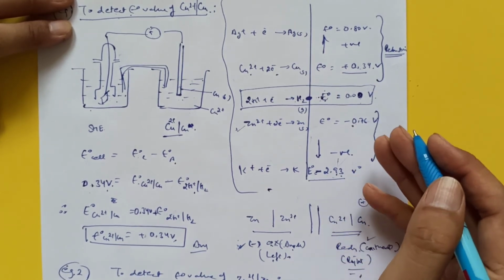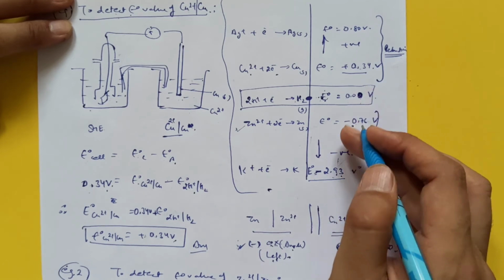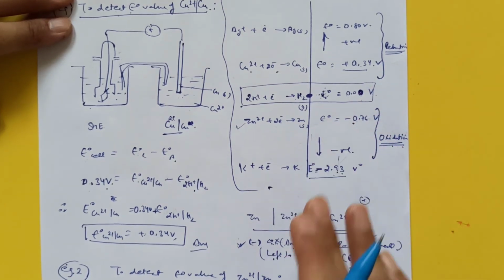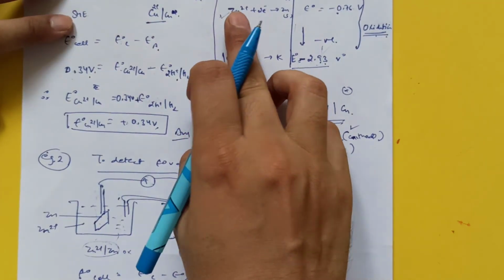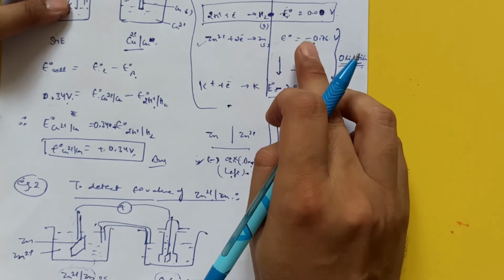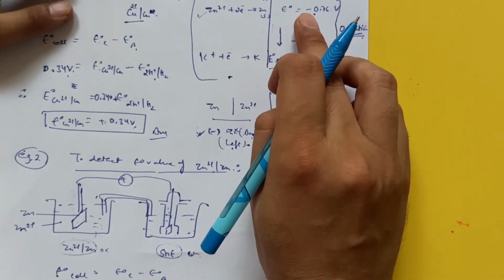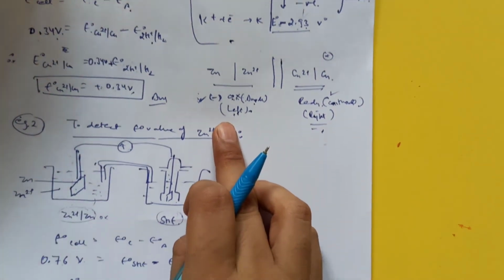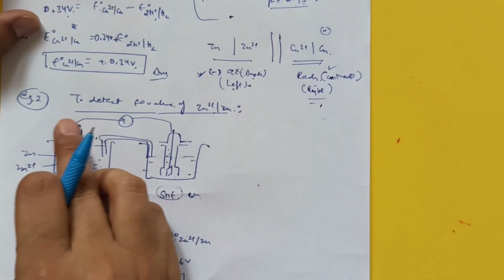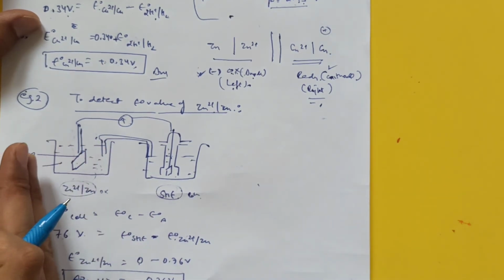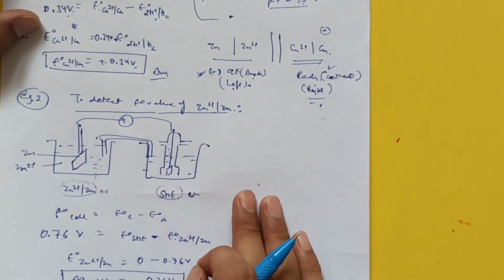Now we'll find E naught of a metal electrode which lies below hydrogen in the electrochemical series. One such example is zinc. Since it lies below hydrogen, it should undergo oxidation, and we know the oxidation half is placed on the left side. So the zinc electrode and its electrolyte, this half cell we are taking on the left side, and SHE we are placing on the right side.